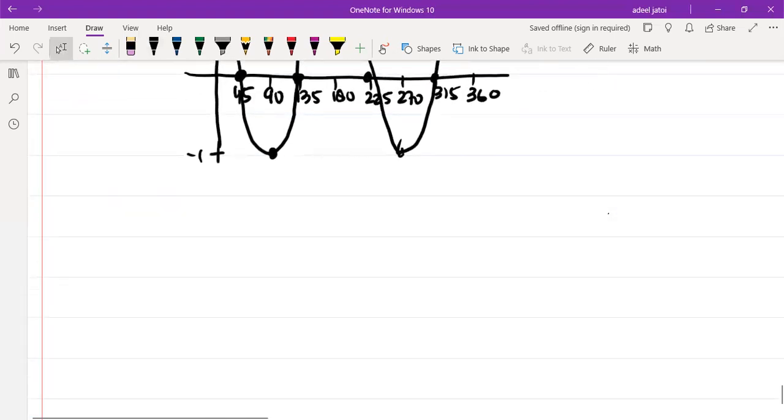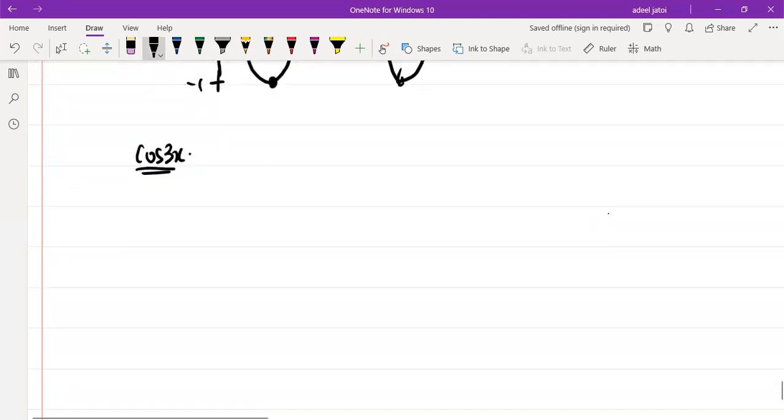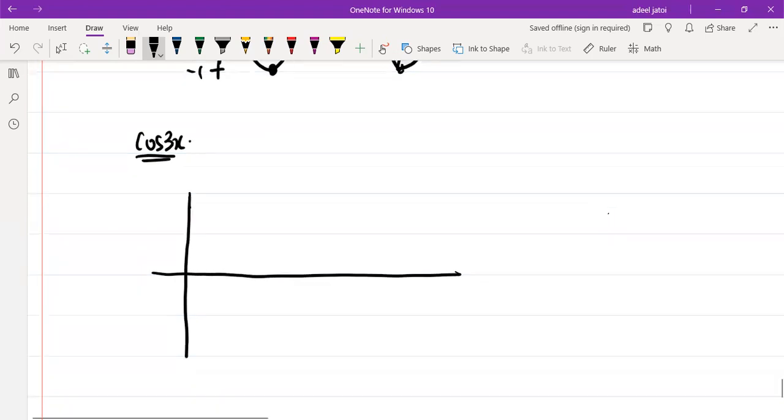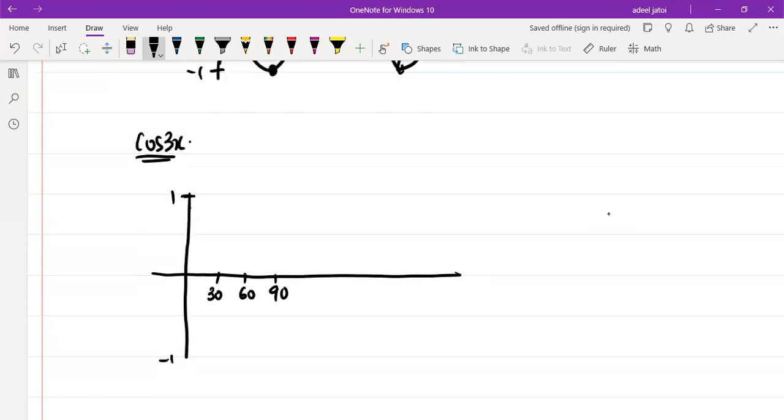Cos 3x. What does cos 3x mean? That means you need to create 3 cycles, 3 cycles till 360. But the first value will be 90 divided by 3, which is 30. So this is 1, this is minus 1. This is 30. We write 60, 90, 120.